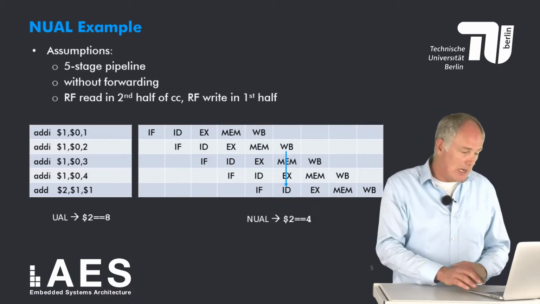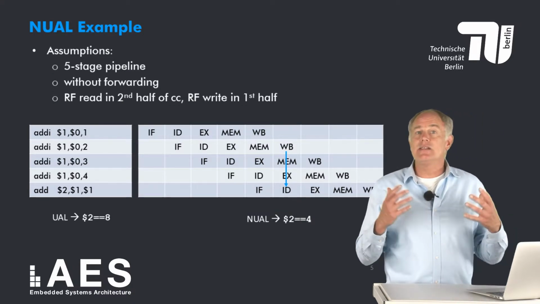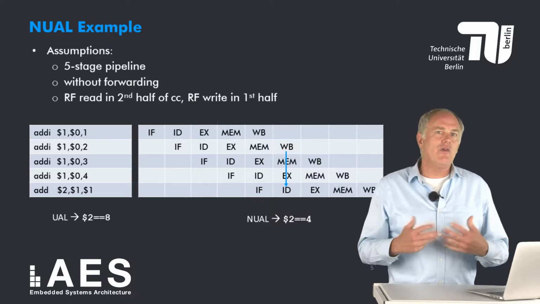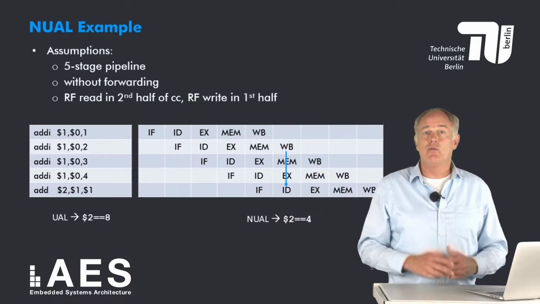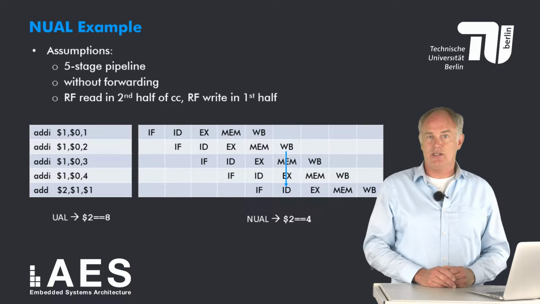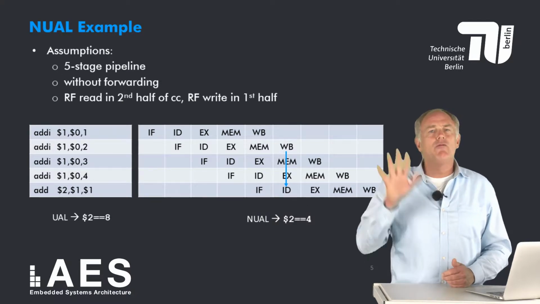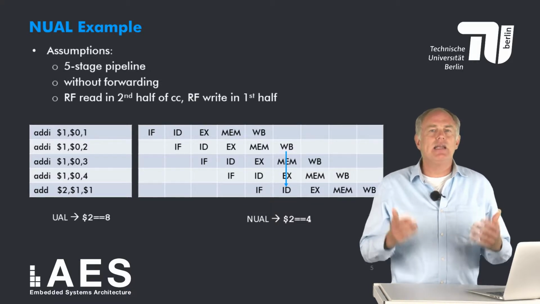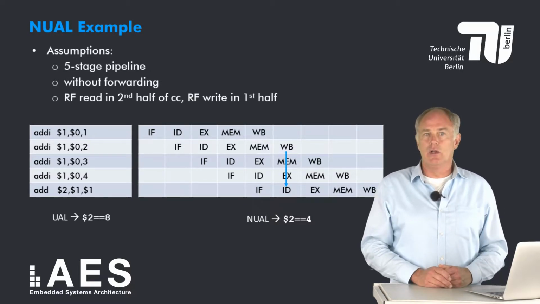If we have NUAL, however, the latency of an add is 3 clock cycles. Then the value read by the final add is the value written by the second instruction. So register 2 will be 4 at the end of this execution. So the pipeline is visible under the NUAL scheduling model.